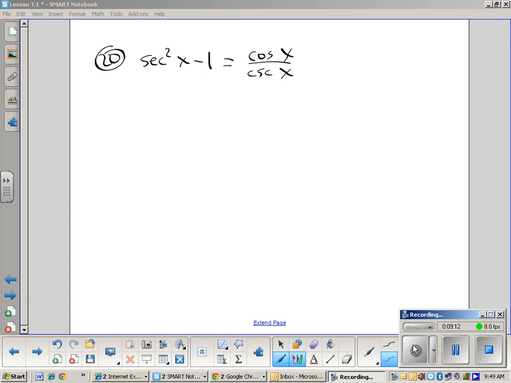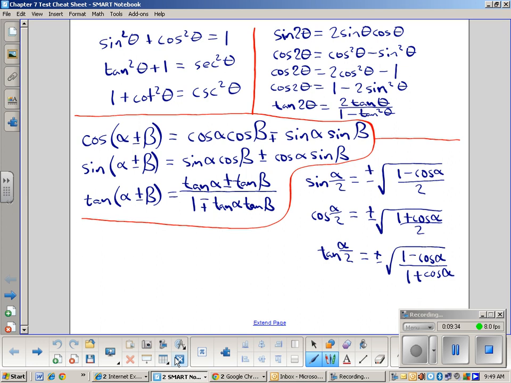Sometimes I look at them and I have a good idea, and other times I don't. So in general, when I take a problem like this, I look at this side, and because of the squared, that to me is more complicated than this side. But to be honest, as I look at the right side a little closer, I'm going to probably manipulate that also. So the first thing I'm going to do is go back to my cheat sheet and look at my trig identities, and I see that this one right here, secant squared theta is equal to tangent squared theta plus 1.